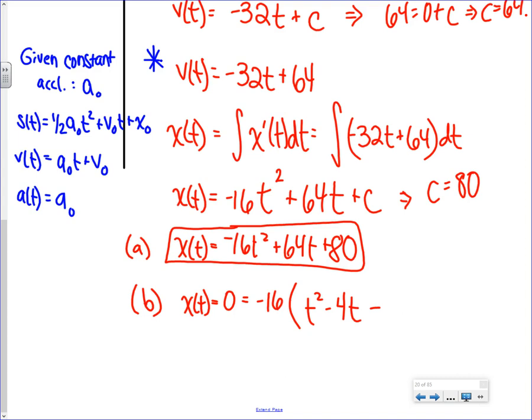80 divided by 16 is 5. So we go ahead and factor. Can we divide both sides by negative 16? Not that you have to show it, but just understanding where it goes. So all we're worried about is the polynomial expression, 0 equals t squared minus 4t minus 5. Do you guys factor here?